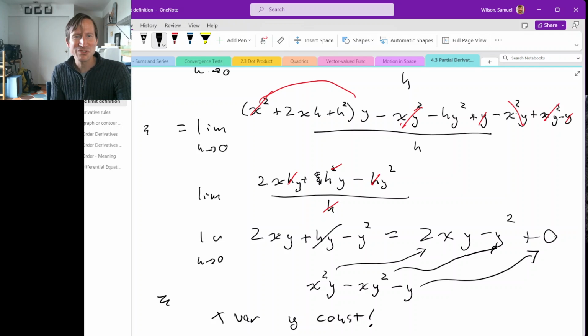Since this was the partial derivative with respect to x, we were moving our point a little bit in the x direction, so y was a constant as far as the limit was concerned. Globally, it's still a variable, but for the specific situation of calculating a derivative, y actually is a constant.